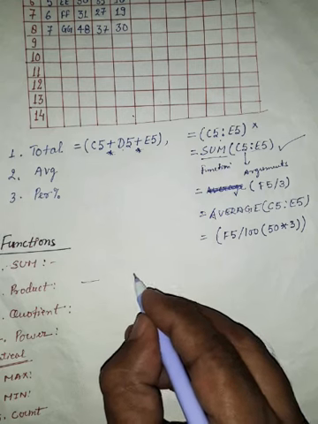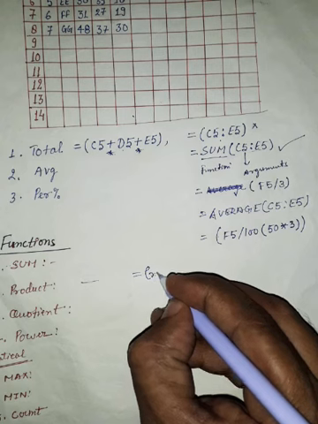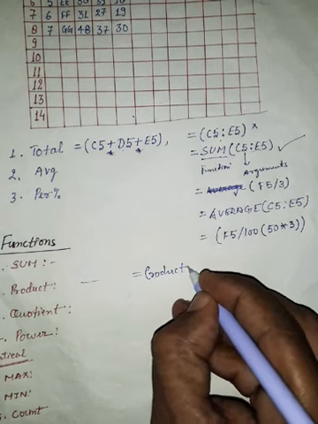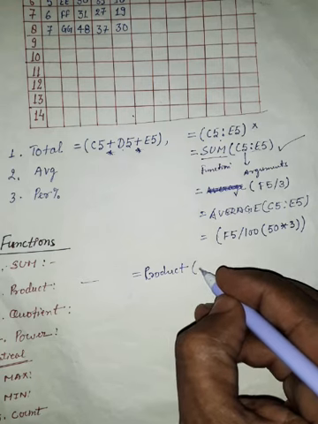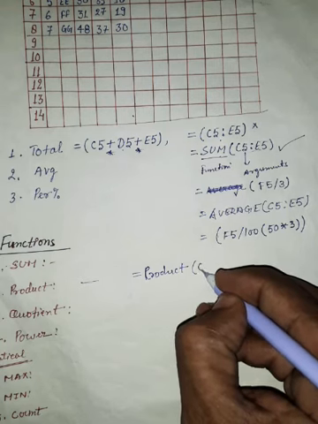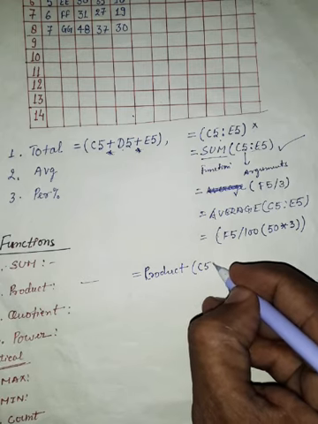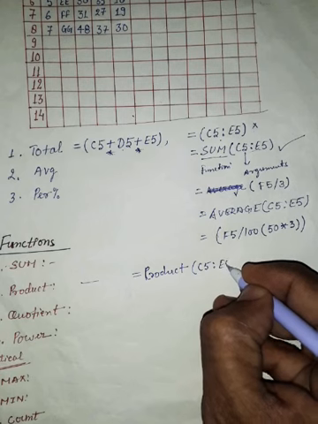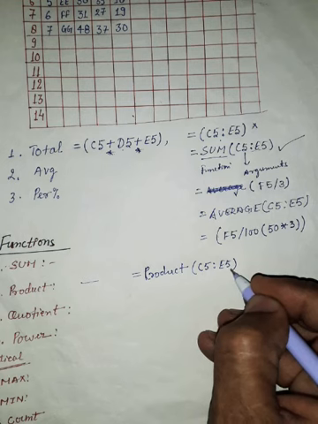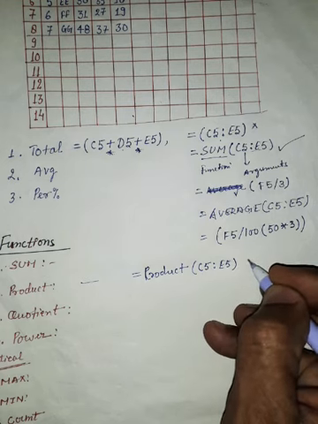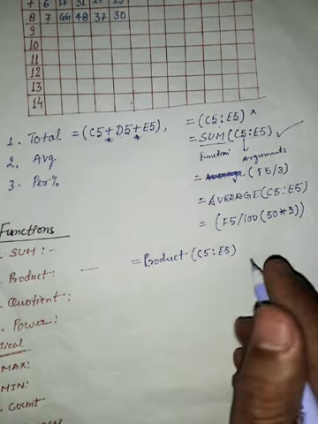So we will put here the equal sign, then we write the product, and then open the parenthesis, and we write the number cell range, C5 to E5, the calculation we want. Then press enter, and automatically we will get the product, means multiply.